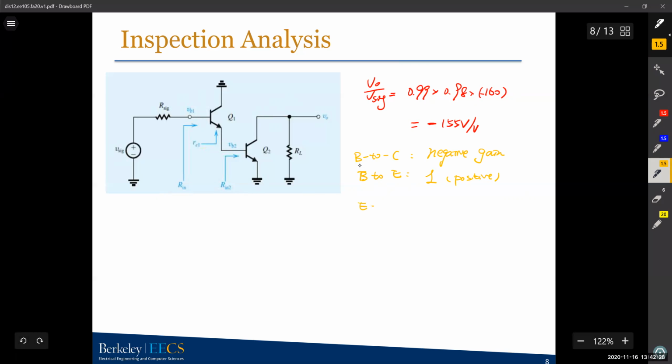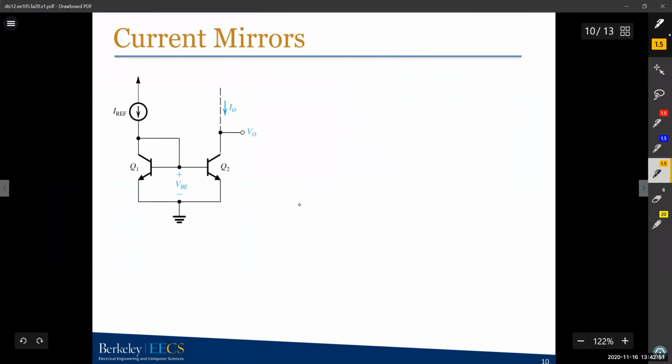And emitter to collector will give you a positive gain. Sometimes the signs are really important, so I would suggest you remember this at least. Okay, so that's all the examples I had for inspection analysis. We can move on to current mirrors.